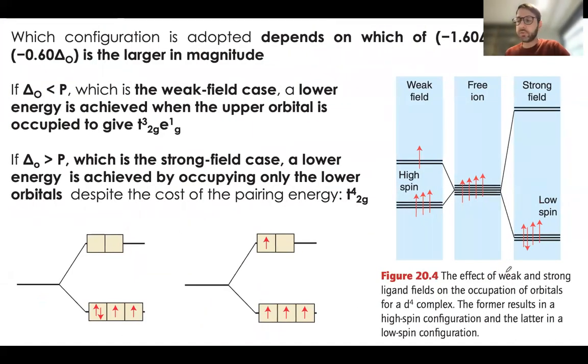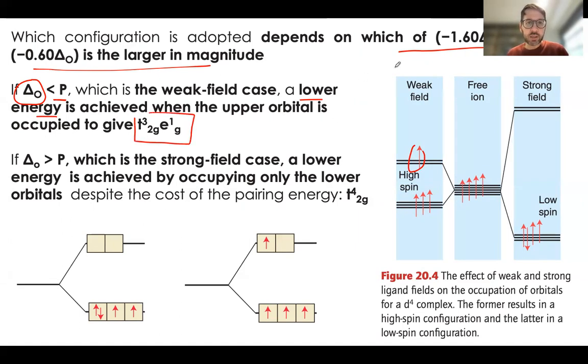Therefore, which one of the configurations will be adopted by the complex will depend on which one is larger in magnitude. So for example, if the ligand field splitting parameter has a smaller energy than the pairing energy, this means that a lower energy will be achieved when the upper orbital is occupied to give this configuration.